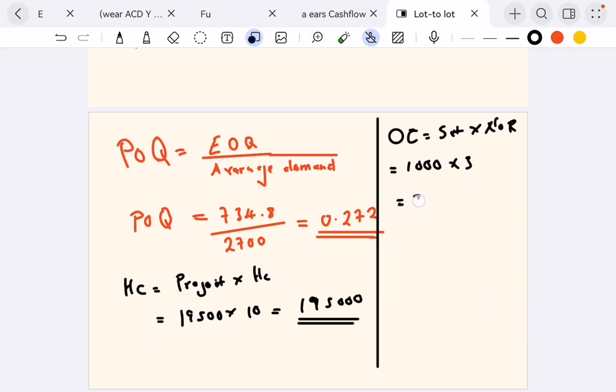So what is the total cost? We add the total cost to be this 19 plus 3,000, which is giving us 198,000.